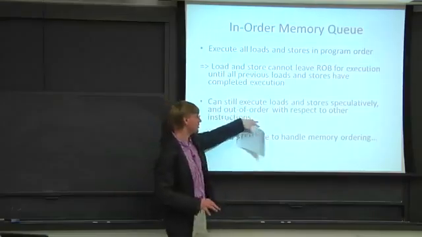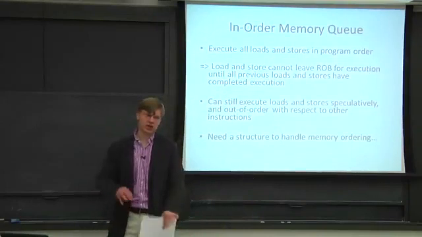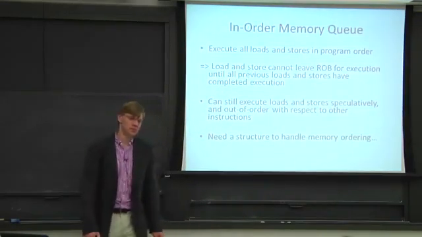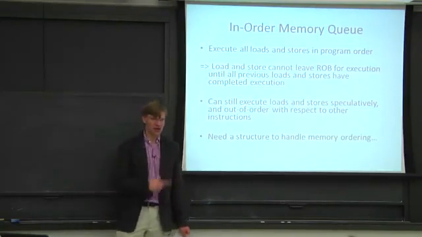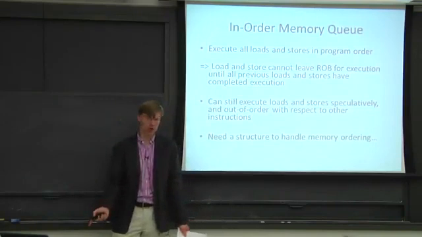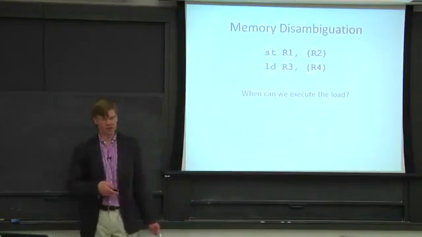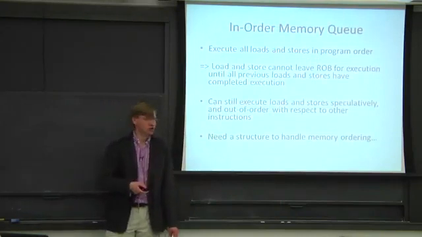So it's out of order relative to other instructions, but we have in-order memory instructions. And that's going to guarantee that we're not going to have any problems. But we're leaving performance on the table here. We could go faster. We could actually execute loads and stores out of order if R2 and R4 are different. But we're probably going to need some extra structure to do that.